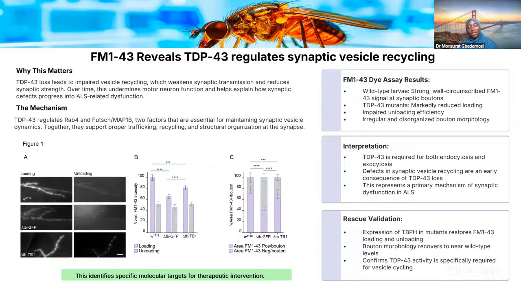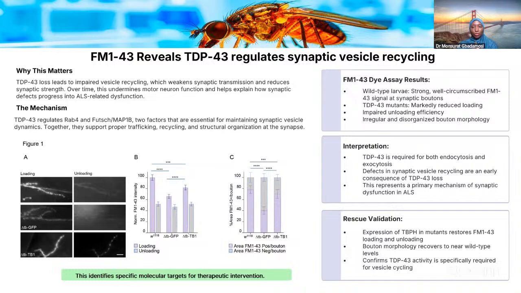So we did a rescue experiment, putting TDP43 in to see if they can do the endo and exocytosis. And yes, expressing TBPH in their neurons was able to rescue this process. This is a validation experiment that confirms that TDP43 is involved in vesicle recycling.